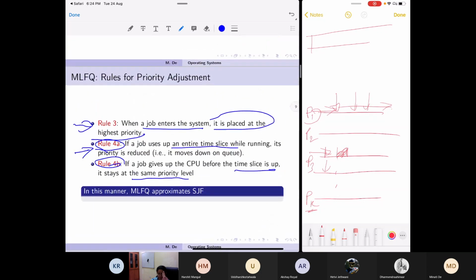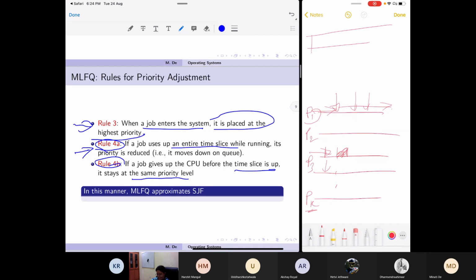I hope you remember rules number 1 and 2. They say that if one job has higher priority than another, the highest priority job will be run first, and if they are in the same priority, they will be run in round robin fashion. The third rule says that when a job comes for the first time, it will be scheduled at the highest priority level.